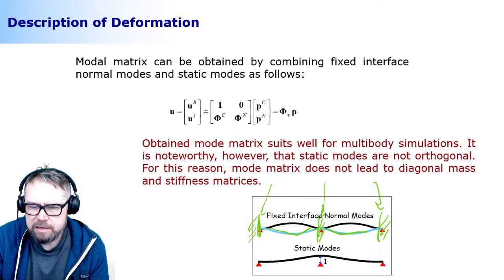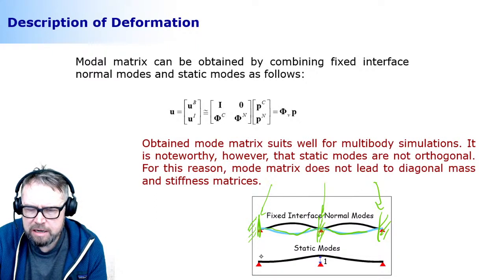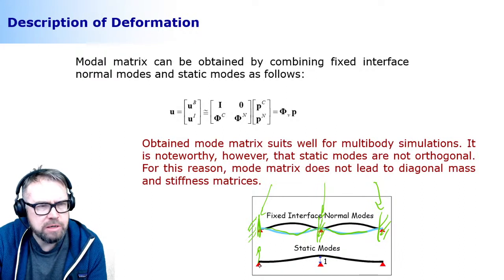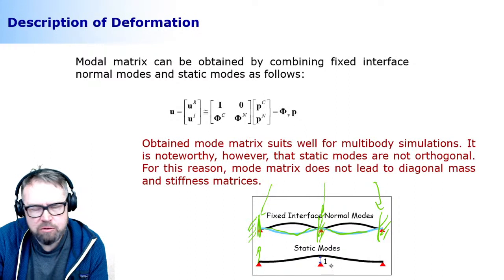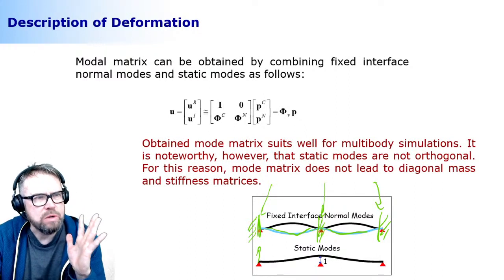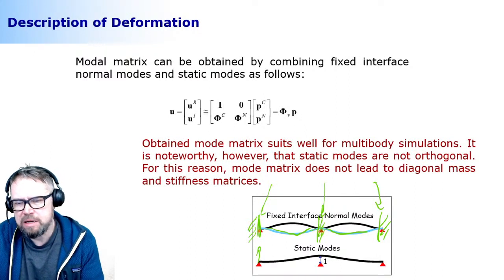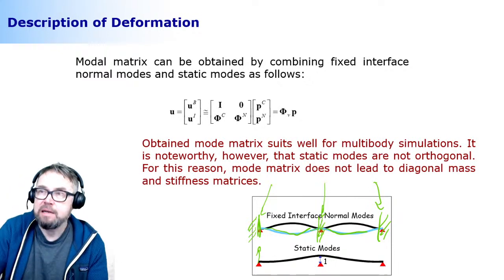My other set is the static correction modes. For these, I introduce a unit displacement to each of the boundary degrees of freedom one at a time, while the rest of the boundary degrees of freedom have no deformation. That's my static correction modes. And this is it.